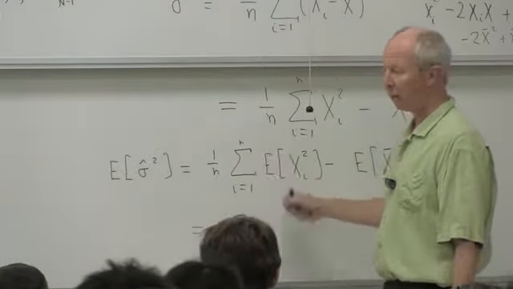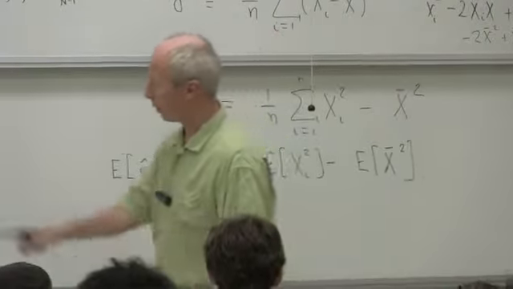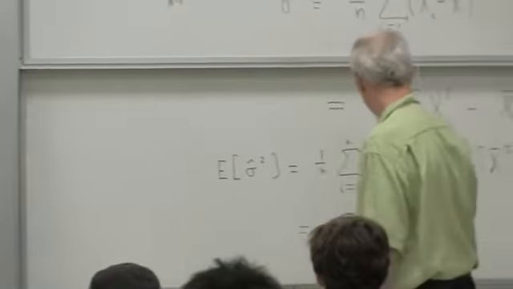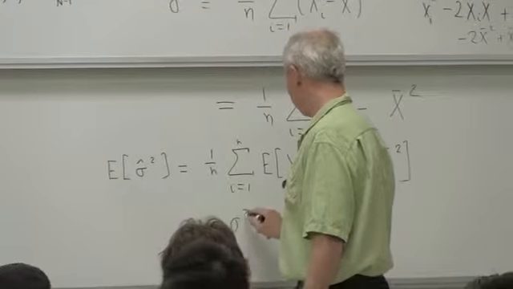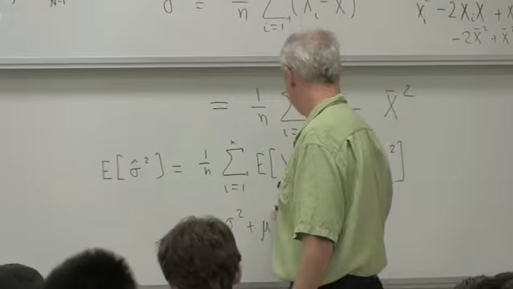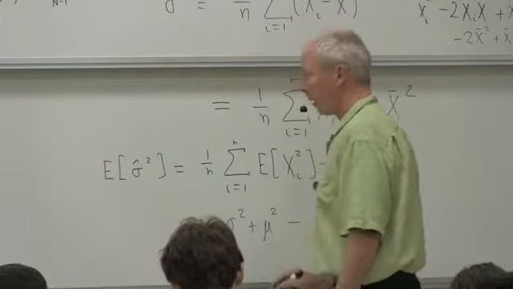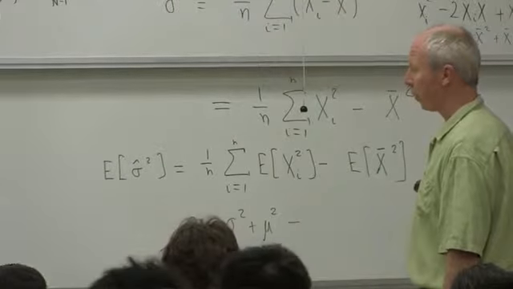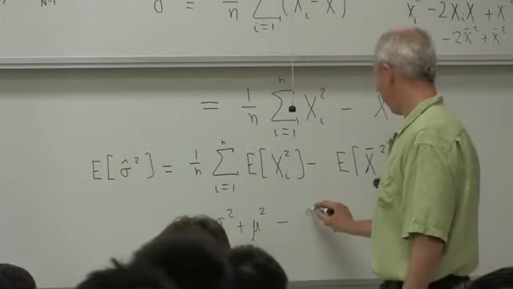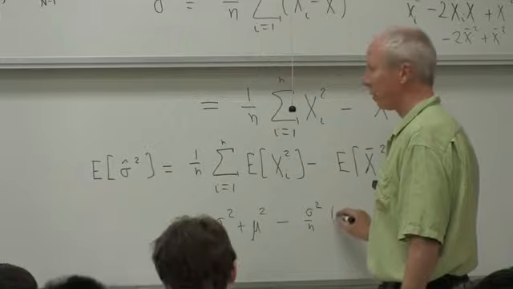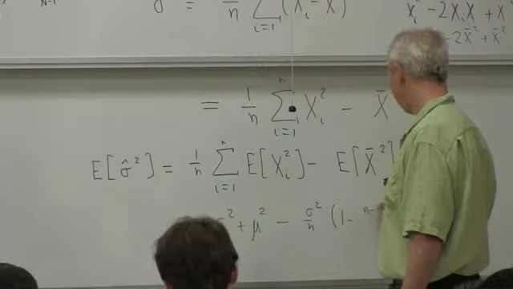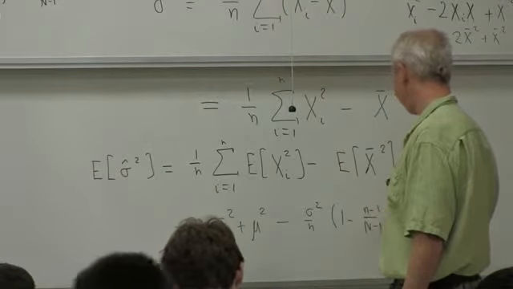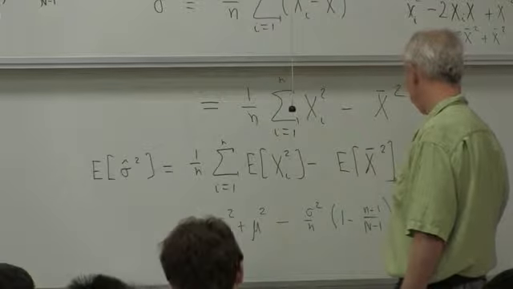So I just get the expected value of one of them squared, and that would be sigma squared plus mu squared. So this becomes sigma squared plus mu squared. And what does this become? This becomes minus sigma squared over little n, times 1 minus little n minus 1 over capital N minus 1, and then minus mu squared.